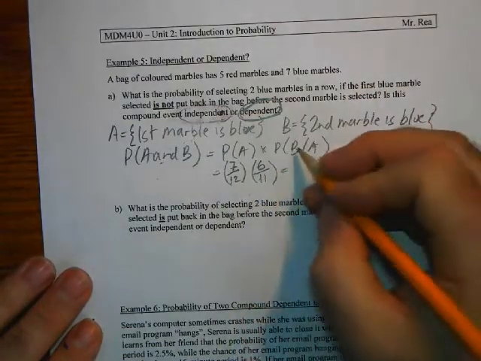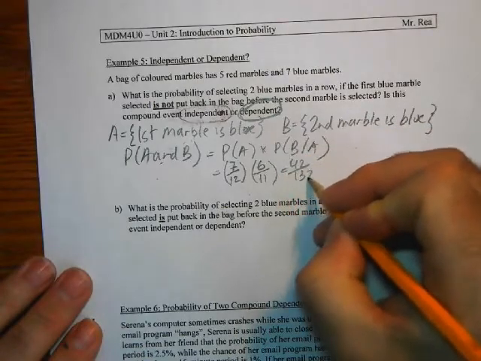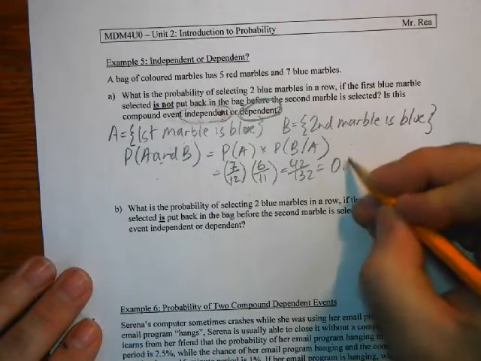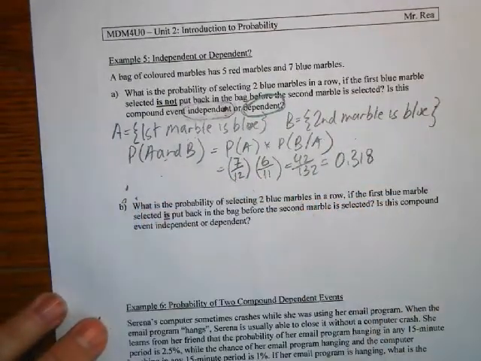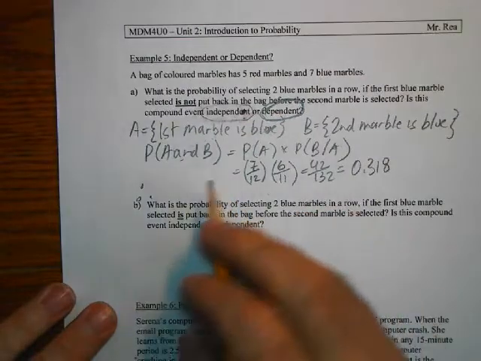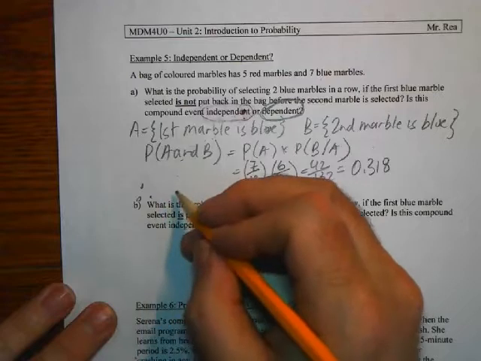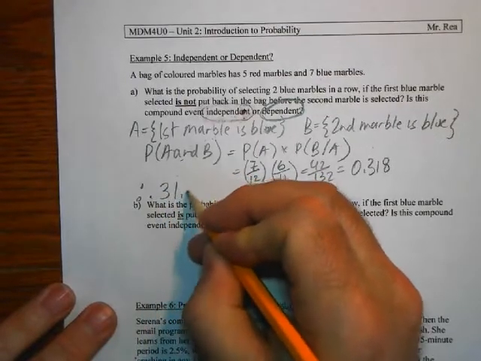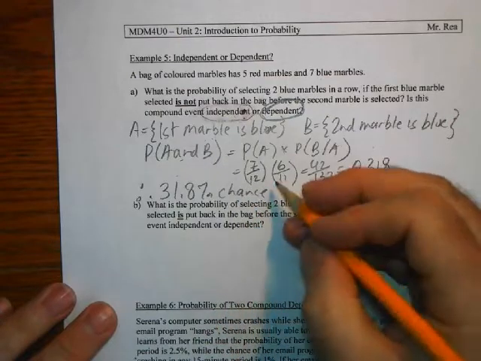So that's equal to 42 over 132, which is 0.318. Okay, so if you don't put back the blue marble that you just picked, the probability is a 31.8% chance both marbles are blue.